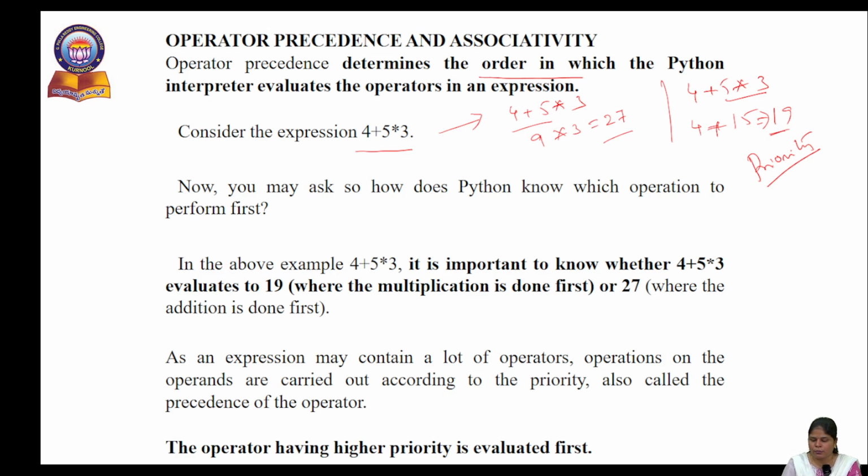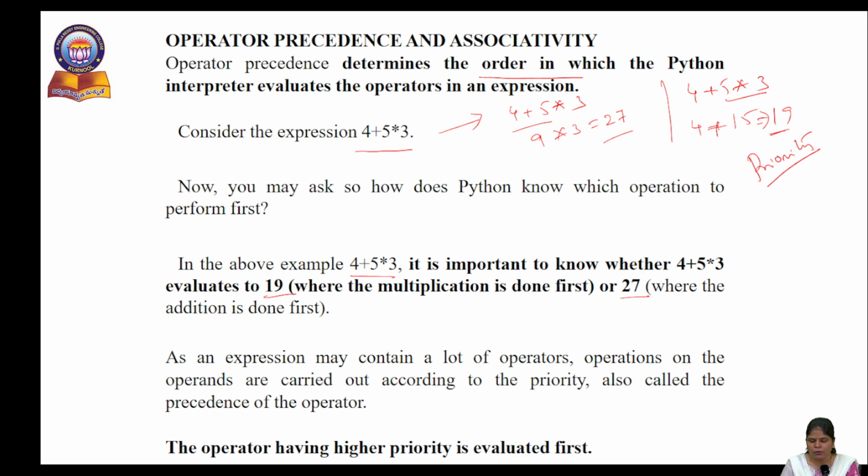So it is important to know whether 4 plus 5 into 3 evaluates to 19 or 27. If we follow the operator precedence correctly, we will get the right output.